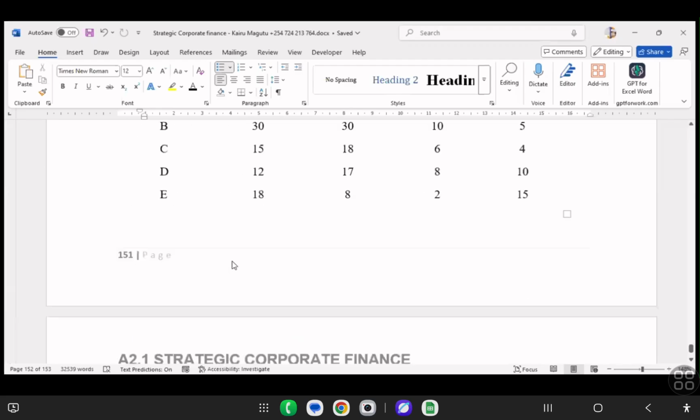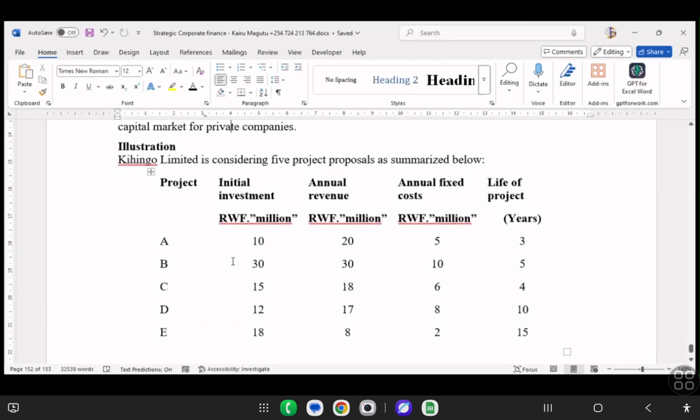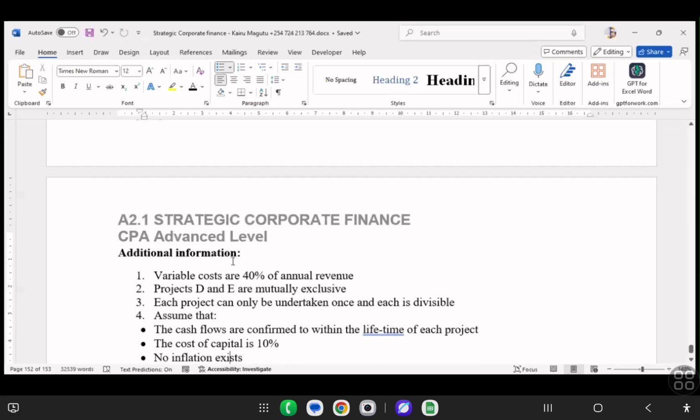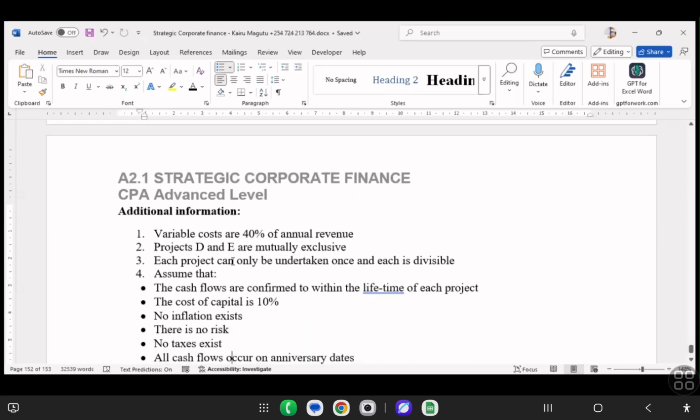Okay, let us go to this question. We are told Kihingo Limited is considering 5 project proposals as summarized below. We have project A, B, C, D, E, initial capital, annual revenue, annual fixed cost, life of project. Additional information: variable cost is 40% of the annual revenue.